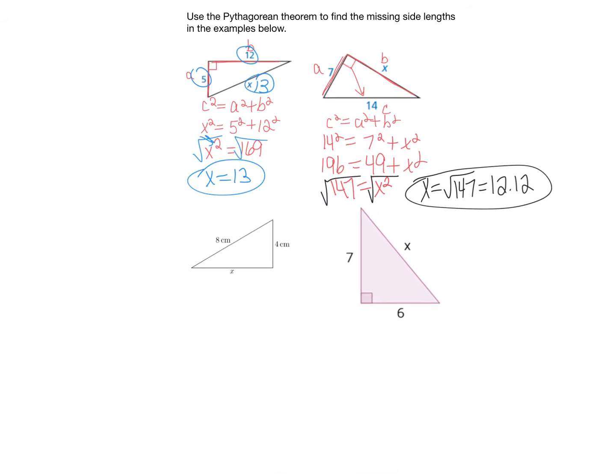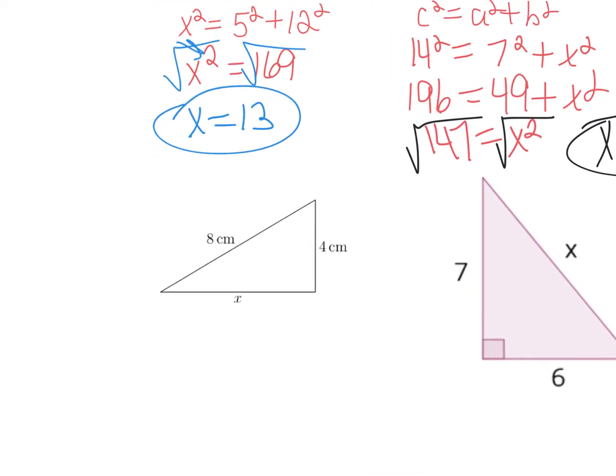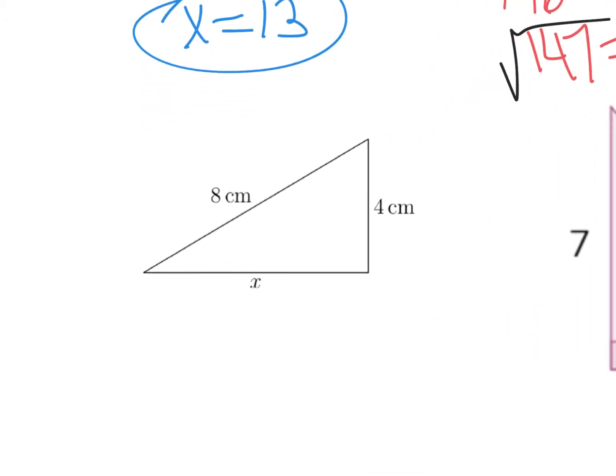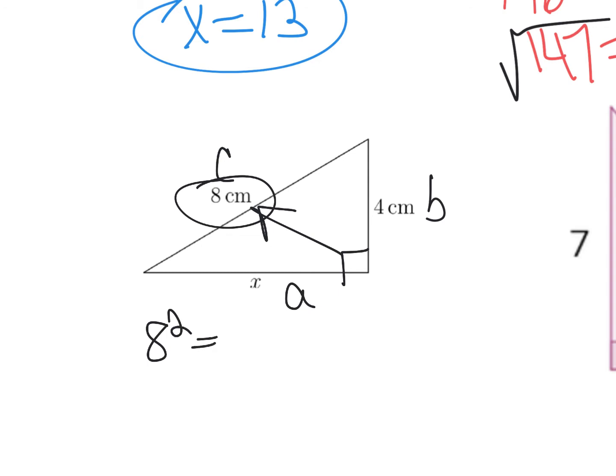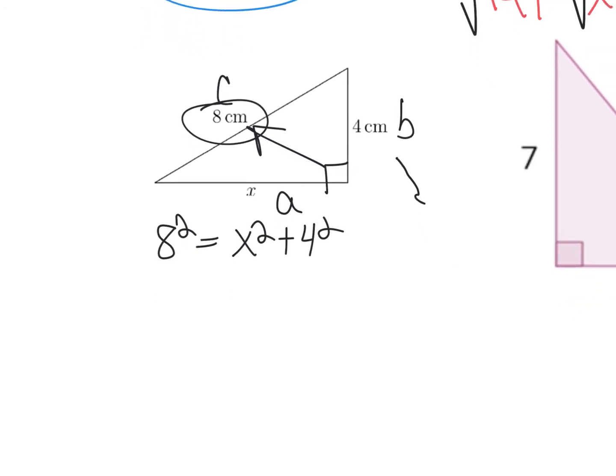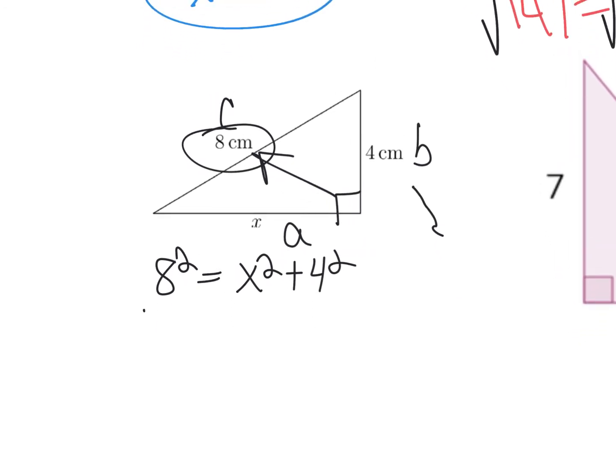All right, so then there's just a couple more examples down here. We'll look real quick. We'll do them a little bit faster this time. Here's my hypotenuse. It's across from the right angle, so that's going to represent C, and A and B are my legs. So I'm going to have 8 squared equals x squared plus 4 squared. Again, when your hypotenuse is a number and not your missing variable, it takes a little bit more work.